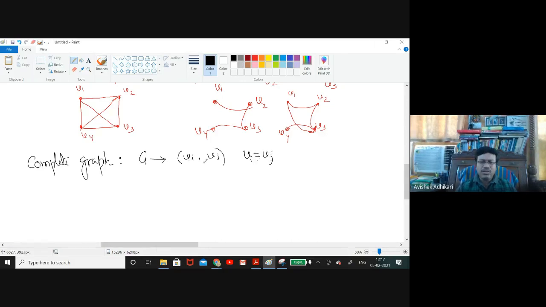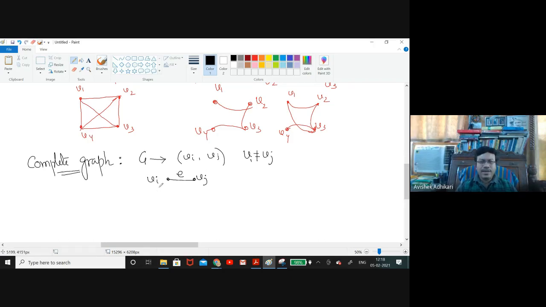Take any two distinct vertices from G, and if there exists an edge, not path, between this Vi and Vj, where Vi is not equal to Vj, then we call this graph a complete graph. That means there will always be an edge between any two distinct vertices of that graph. Okay, so that was the definition of a complete graph.